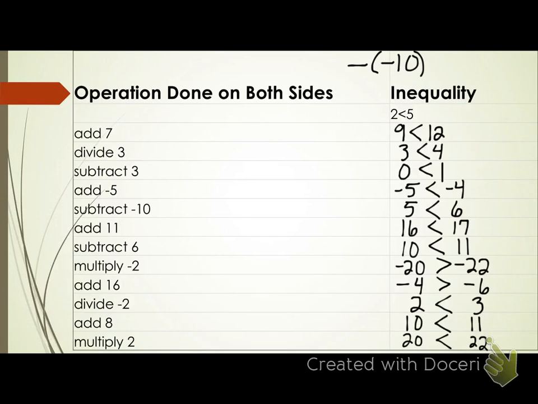Anytime you multiply or divide both sides of your inequality by a negative, your inequality symbol flips. Everyone got that? If I multiply or divide by a positive, it stays the same. Anytime I'm adding or subtracting any number, it stays the same. Only when I multiply or divide both sides by a negative.